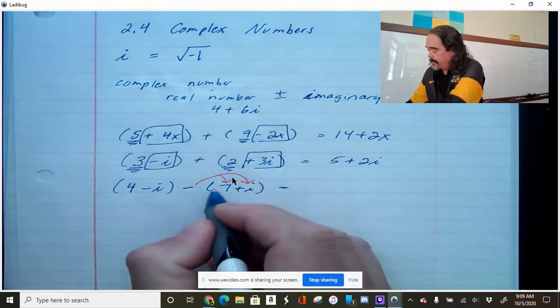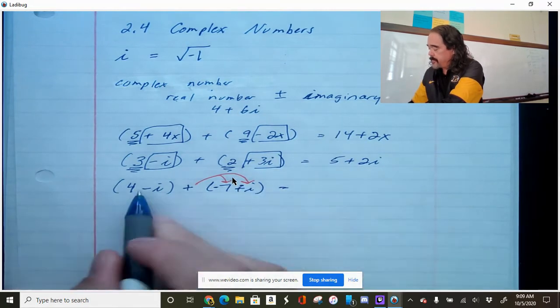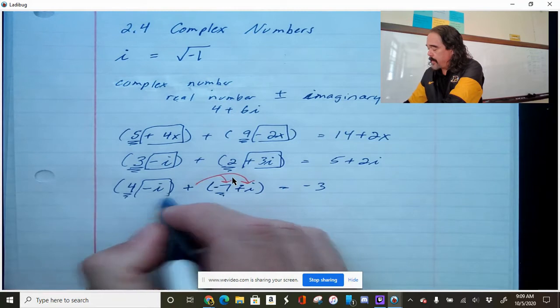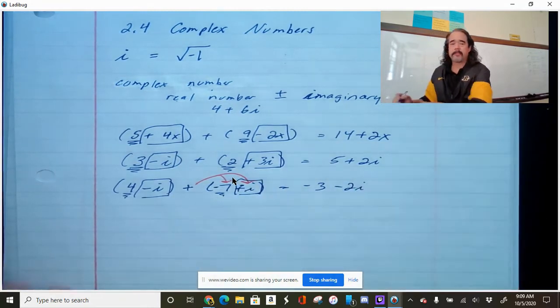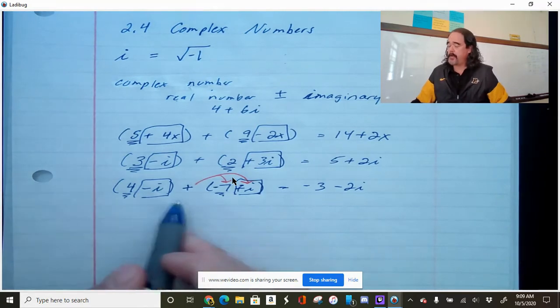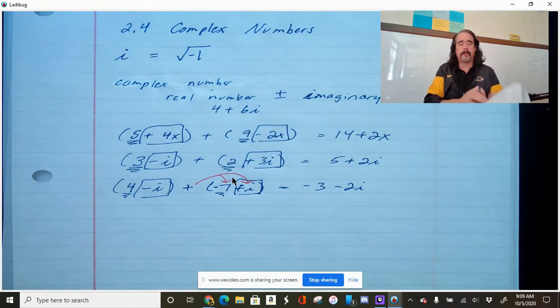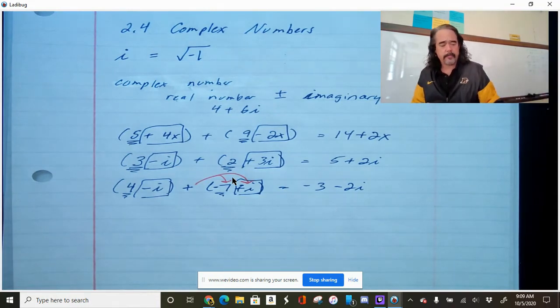So what we end up getting is plus negative 7, and that's a negative i. So 4 minus 7 is negative 3, and negative 1i minus i is negative 2i. All right, so don't forget that when you do have a minus sign here, you do need to distribute that negative to make sure that you get the correct answer.